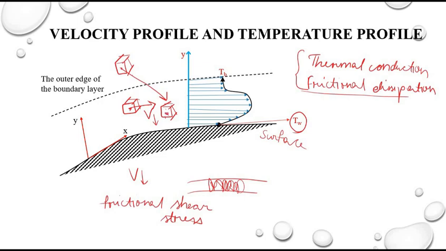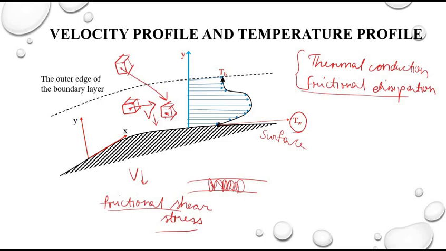Now, when this fluid element is coming inside the boundary layer, the first thing that happens is a decrease in velocity because of frictional shear stress. The second thing is that it has its own kinetic energy, which is converted into internal energy when it comes inside the boundary layer.